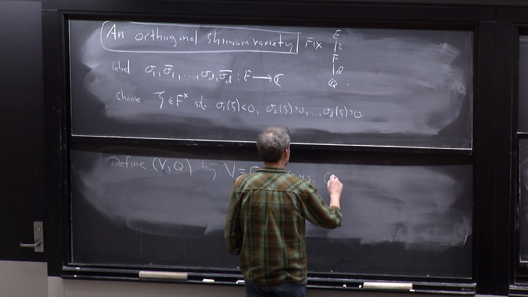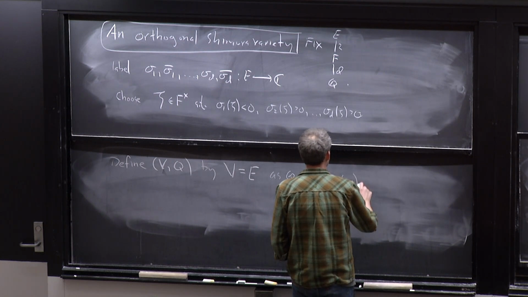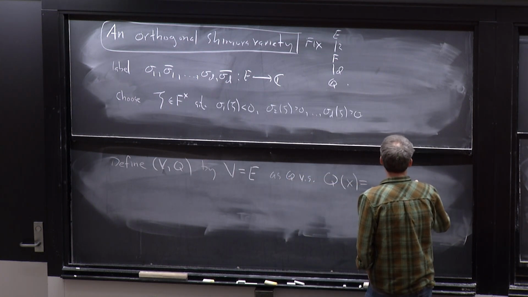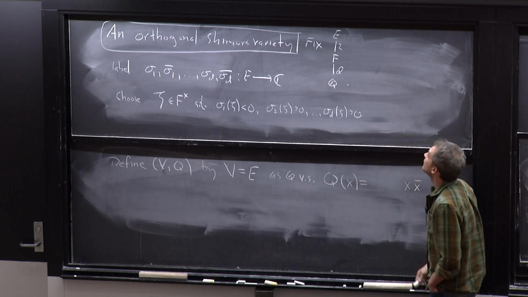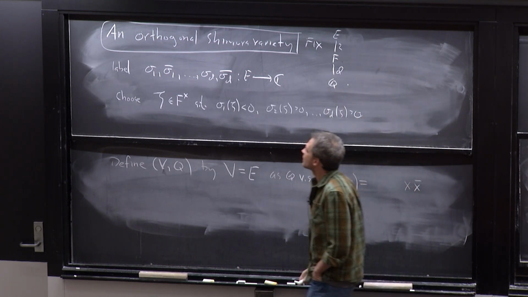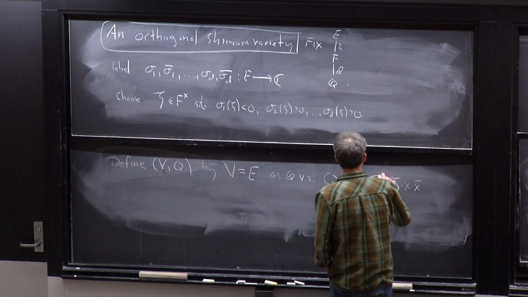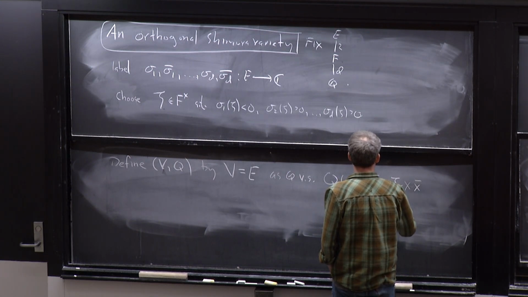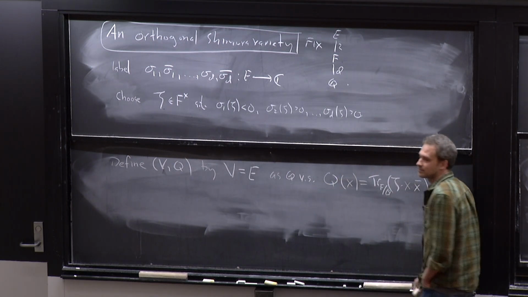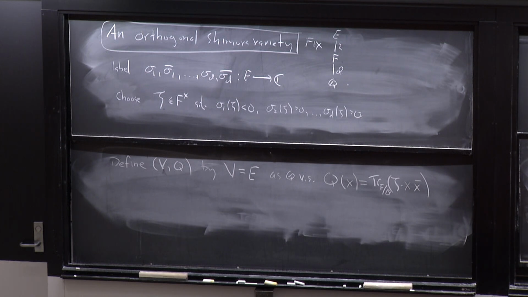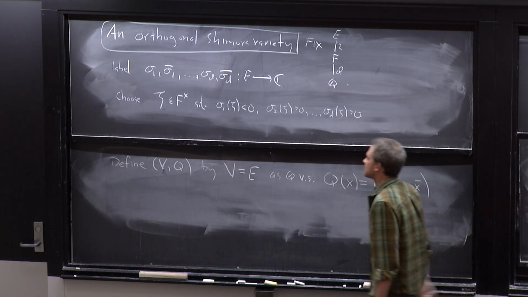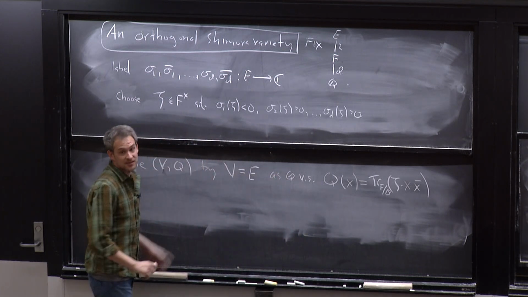And the quadratic form is, well, if I give you an element of E, I can multiply it by its complex conjugate. That'll give me an element of F. Then I multiply it by this chosen element Xi. And then I just take the Galois theoretic trace from F down to Q. Maybe the details are not so important. It's just I've constructed some quadratic space that in some way knows about the E that I started with.